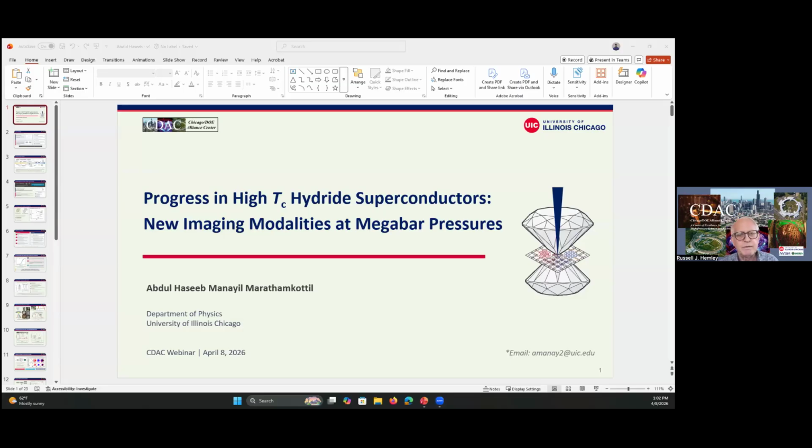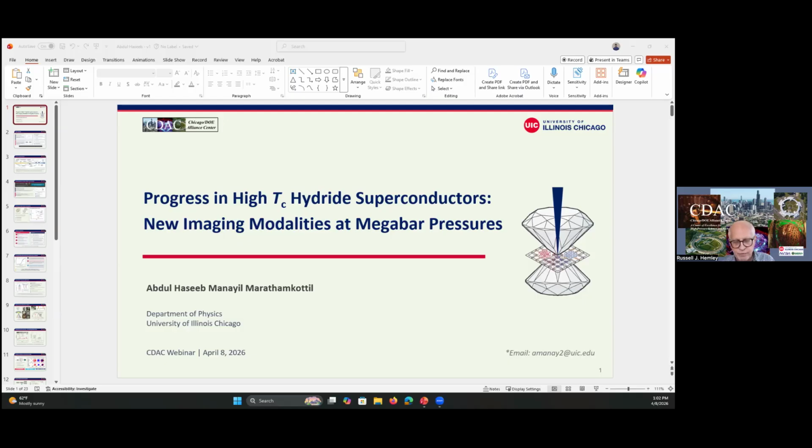And he's applied these mainly to hydrides, including high-pressure superconducting hydrides, but also a variety of other materials. And most recently, he led an exciting project that took advantage of the upgraded Advanced Photon Source for micron scale X-ray diffraction imaging of superhydrides at megabar pressures, which he'll tell us about today.